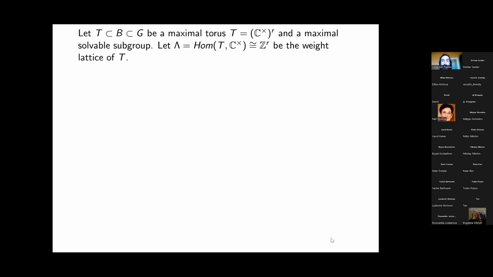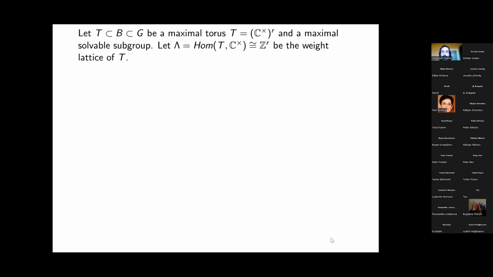And then lambda will be the character or weight lattice. It's usually called the weight lattice. So this is the character lattice of this torus, which is a free abelian group of rank r, so a lattice.